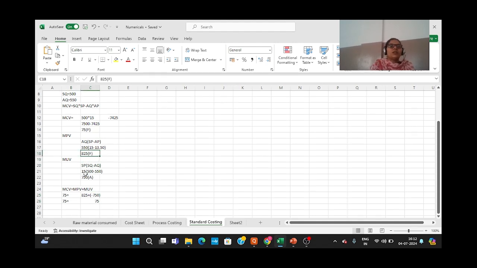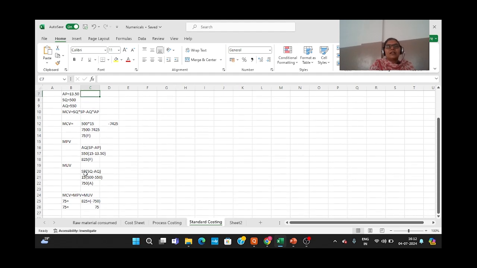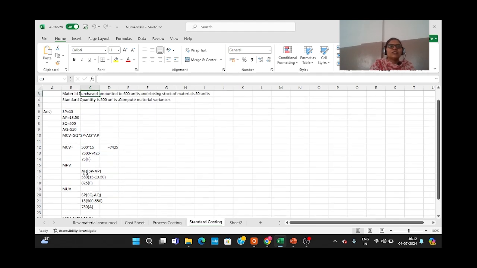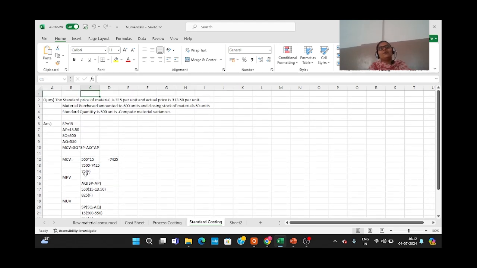So this was all about material variances. As I have told you before, in this particular question, only one kind of material is used, so we calculate only three variances: material cost variance, material price variance, and material usage variance. But there are questions in which two or three kinds of materials are used in making the final product.